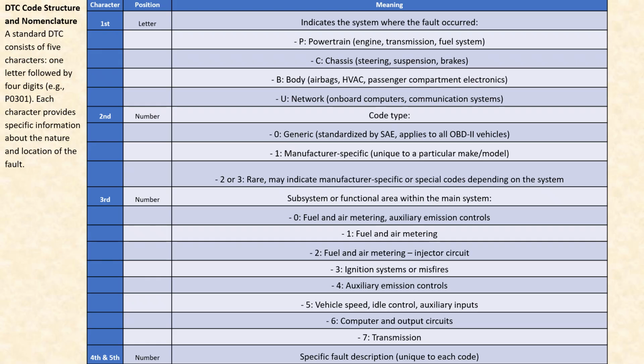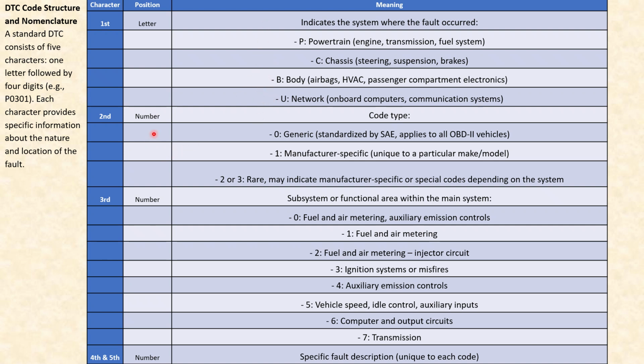Now, in this diagnostic trouble code, I want all of you to see this table very clearly. In the diagnostic trouble code, the first letter indicates the system where the fault occurred, whether the system is powertrain or chassis or body or network, whether it is onboard computers or communication system. This is clearly denoted.